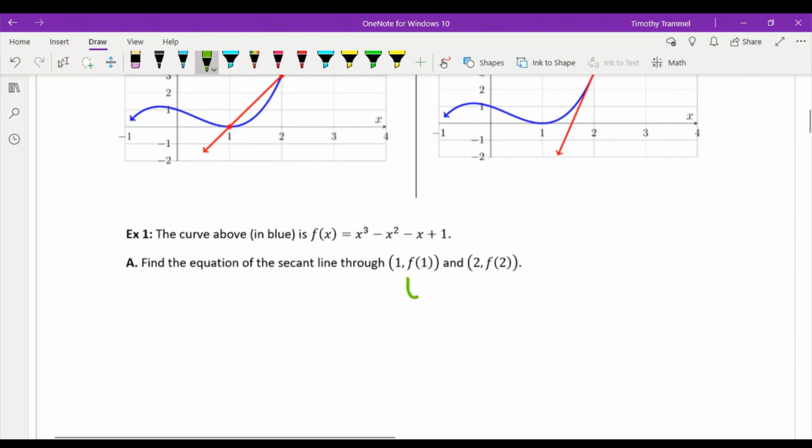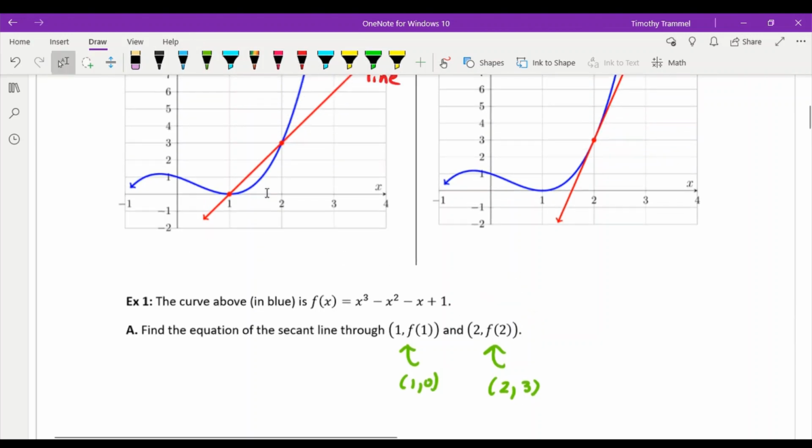The first thing I want you to know is that (1, f(1)) is really (1, 0) if you look up at the graph, or if you just plug 1 into this function f here. And (2, f(2)) is really (2, 3). If I scoot this up a smidge, you can see it. This other point up here is (2, 3).